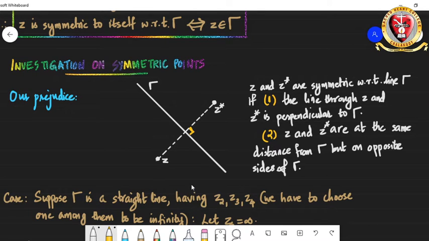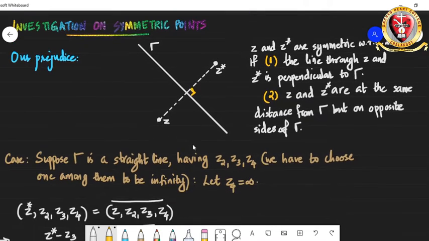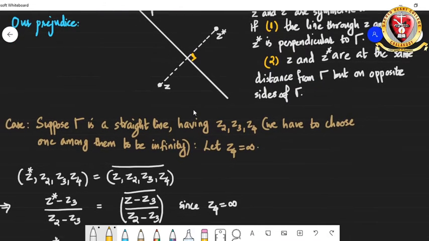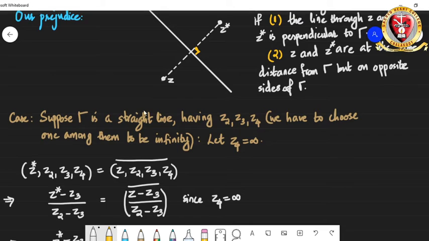Let's deal with a case here. Suppose this gamma is a straight line, having Z2, Z3, Z4, all 3 points on gamma. In that case, we have to choose one among them to be infinity.